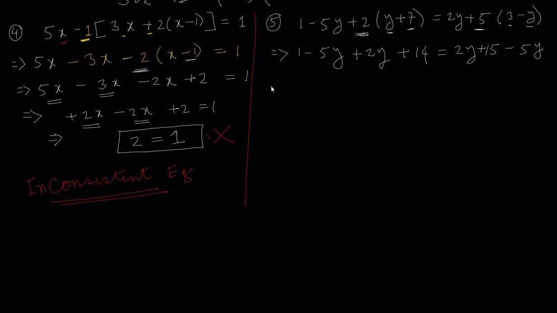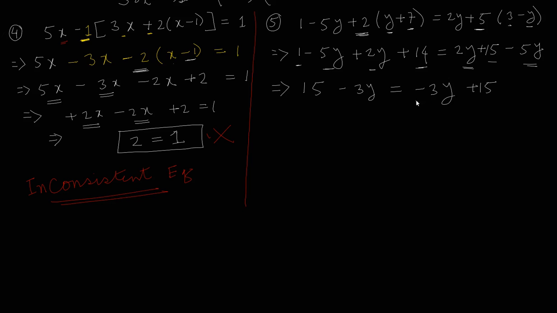Now let's see what I am left with. So here I have 1 and plus 14, so it will be 15, and negative 5y positive 2y is negative 3y, equals 2y minus 5y is negative 3y, and then positive 15.